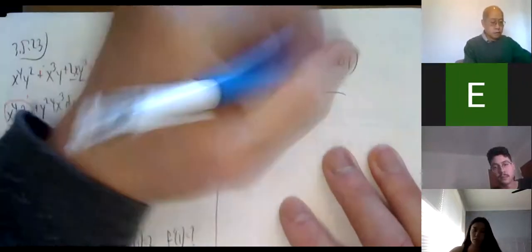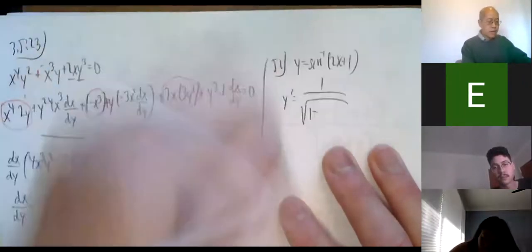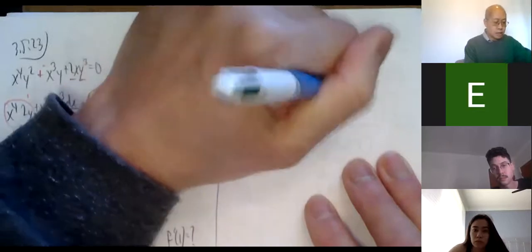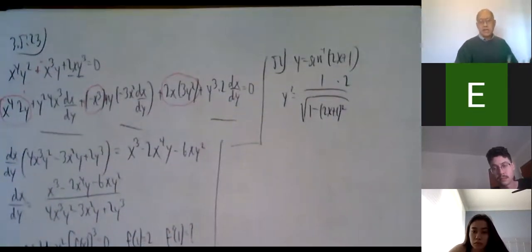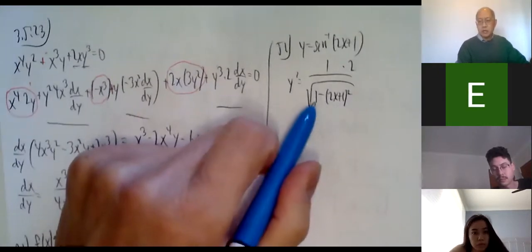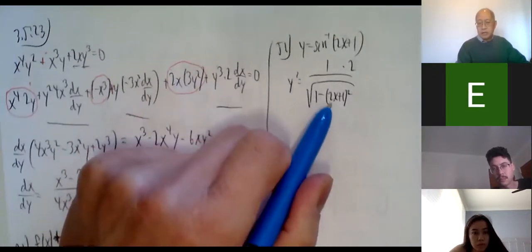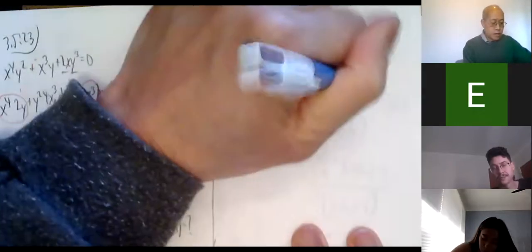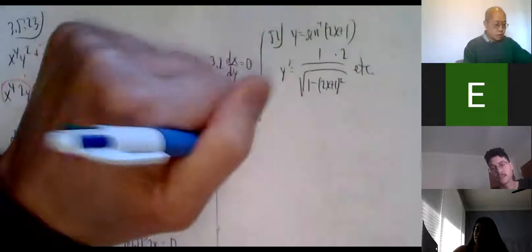So inverse sine goes 1 over radical 1 minus this thing squared, so 2x plus 1 squared, and then times the derivative of the inside, which is 2. That's essentially it. On the test, you would probably multiply that out because the 1's cancel out, I think. Yeah, there's going to be a 1 minus 1, so it's 0. So it's not quite done, but you know how to do it. I'll just say etc.